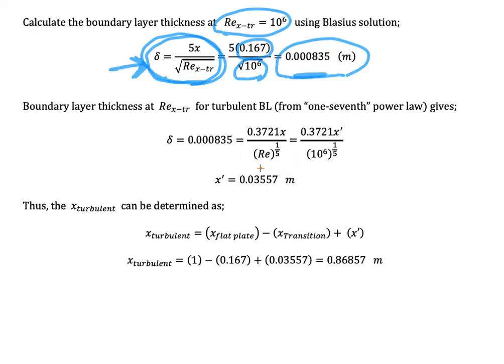The calculation will become like this. This equation comes from the 1/7 power law. We substitute the value of delta and then we could calculate the value of x here.